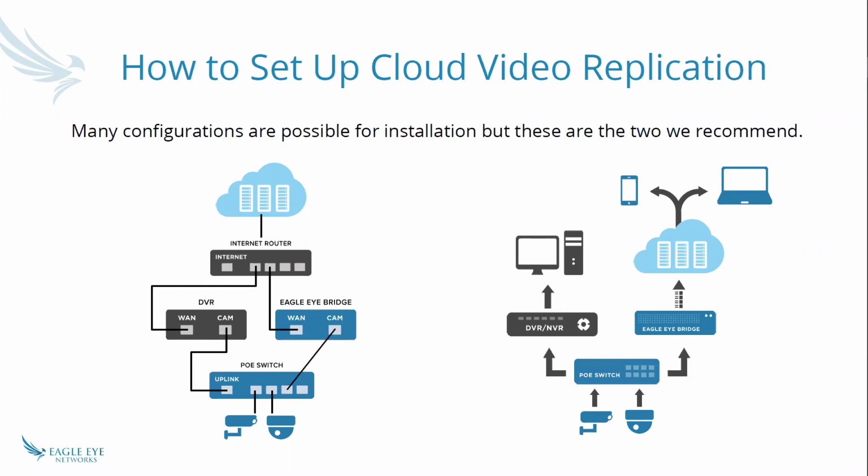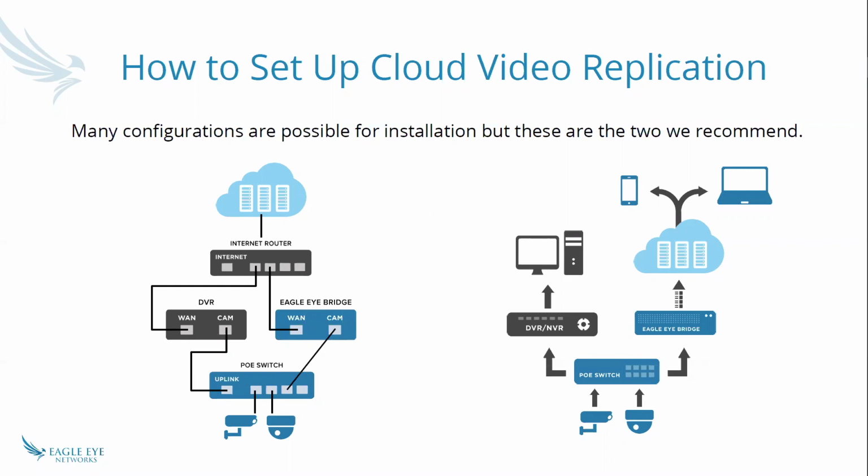The 2 configurations that you see on the screen are our 2 recommended configurations, but there are a number of other possible configurations that still maintain the on-premises video system and have the off-site cloud replication through Eagle Eye Networks. On the right, we're looking at the diagram of 2 cameras connecting to a PoE switch, and then that PoE switch connecting in parallel to the DVR, NVR, and the Eagle Eye bridge.